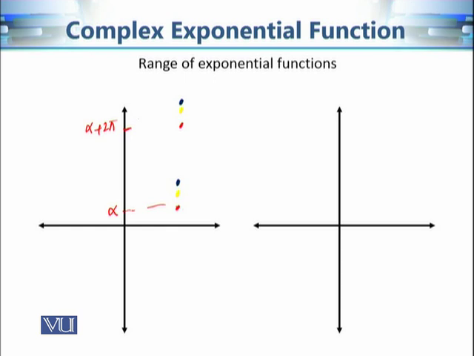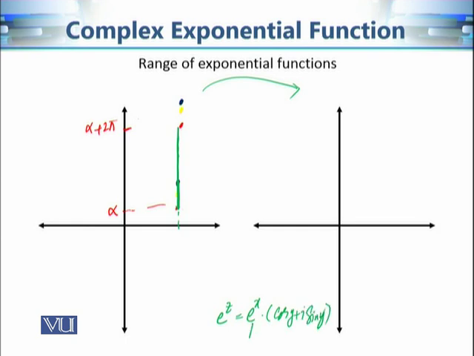So that's why we can say that if we want to calculate the image of all of these values, for example from this point to this point, not including this next red dot, what is going to be the output of all of these values? Remember, the exponential map e raised to power z is equal to e raised to power x multiplied by cosine y plus iota sine y.